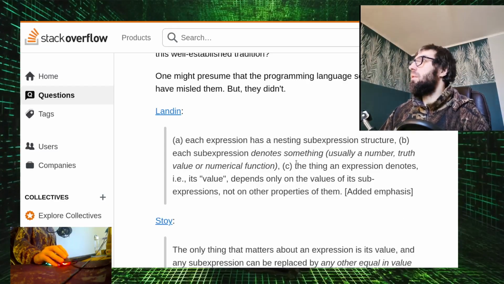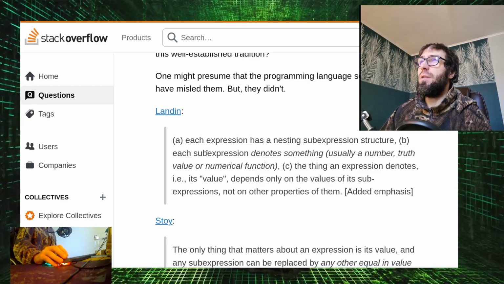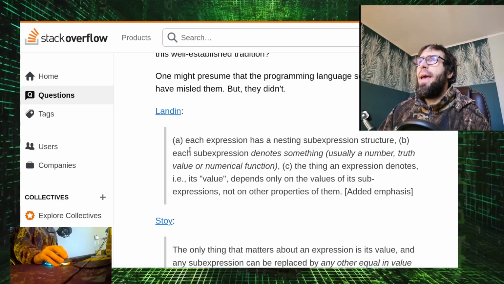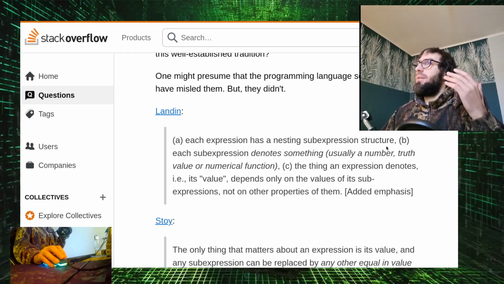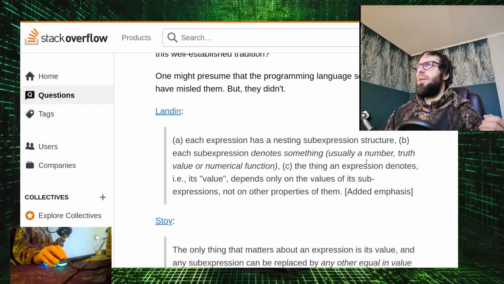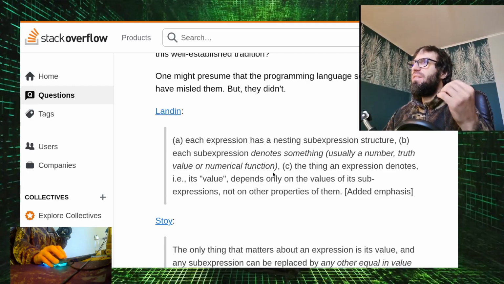And now let's look at these very interesting thoughts about referential transparency from Landin. Each expression has a nesting sub-expression structure. Each sub-expression denotes something, usually a number, truth value, or numerical function.